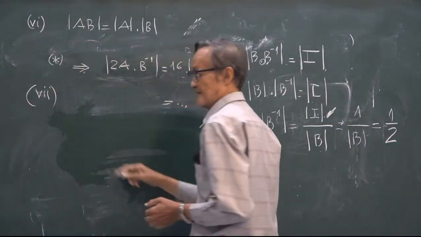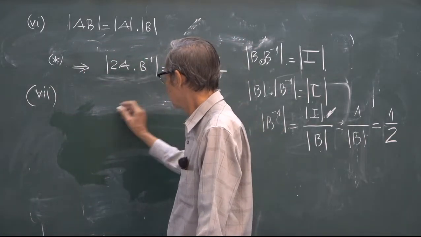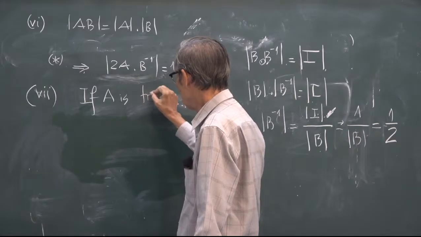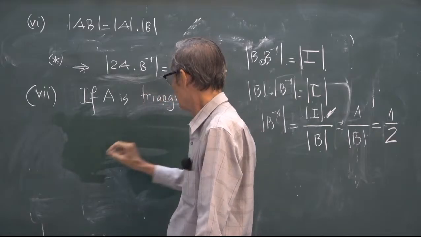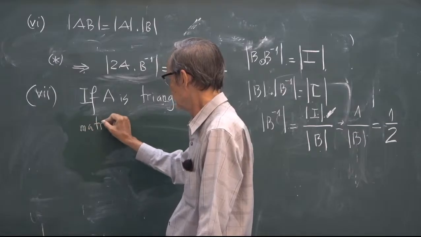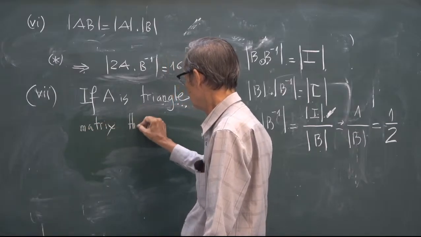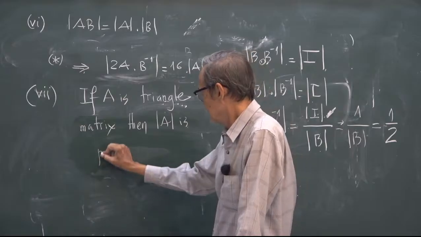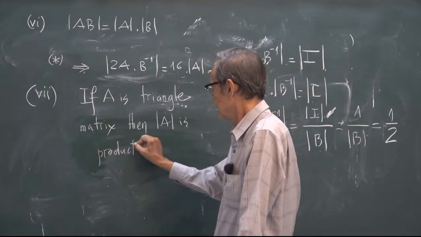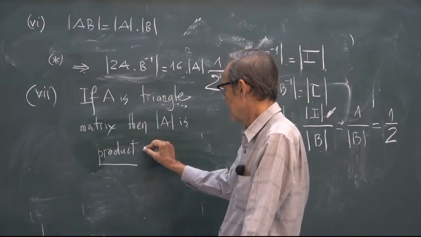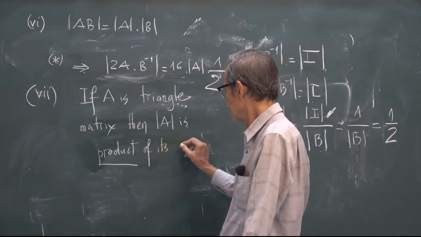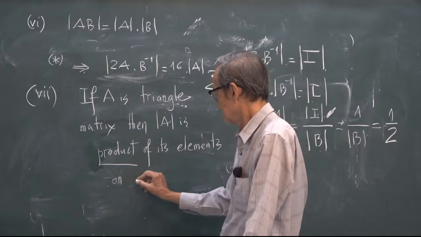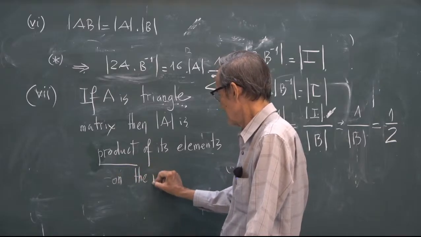Now, property 7: if A is a triangle matrix, then the determinant of A is the product of its elements on the main diagonal.